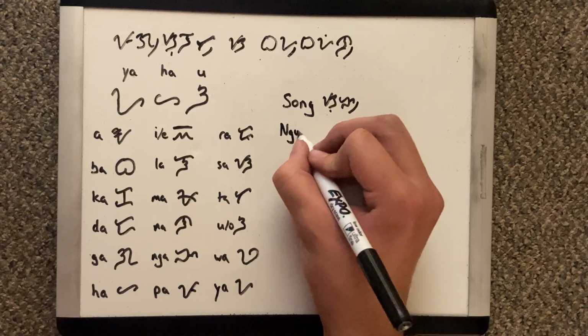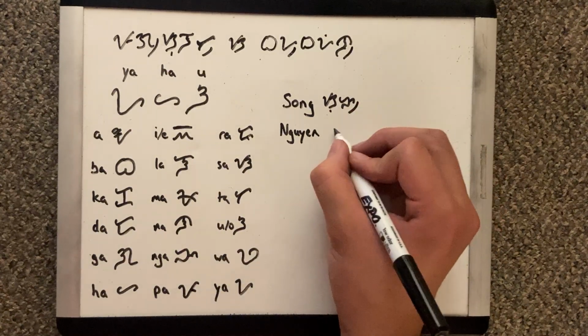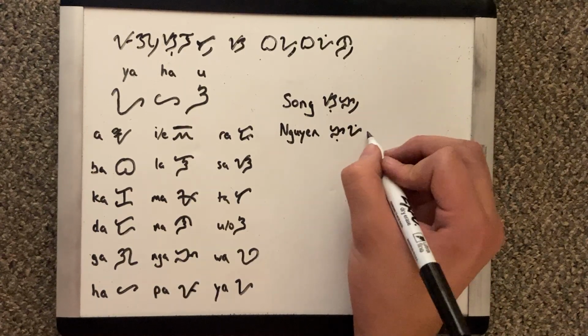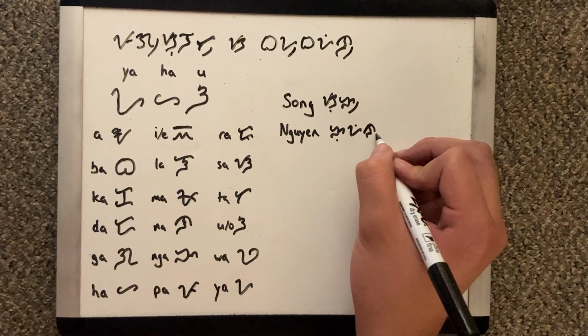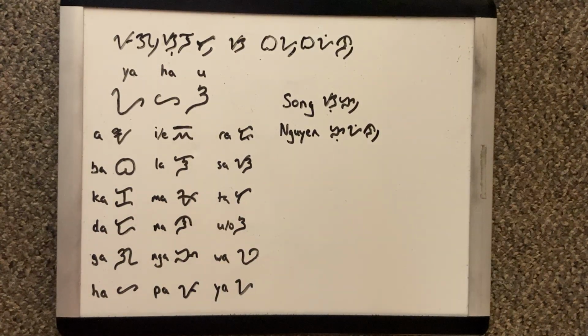A name you might see often, very common in Vietnamese, is ngu, ye, Nguyen.